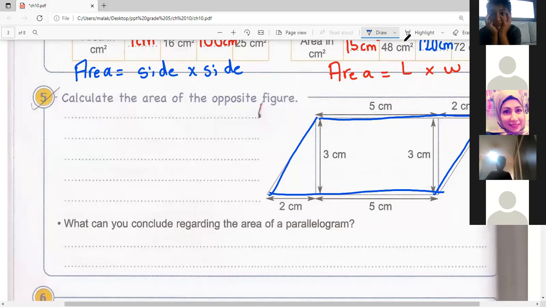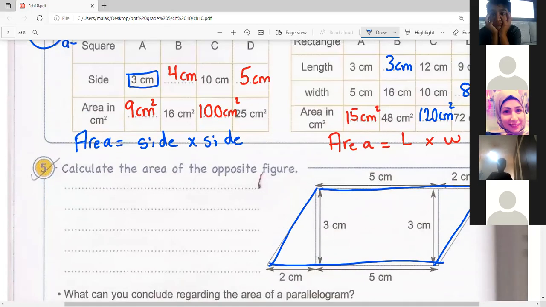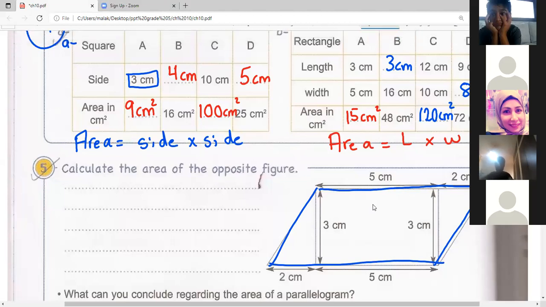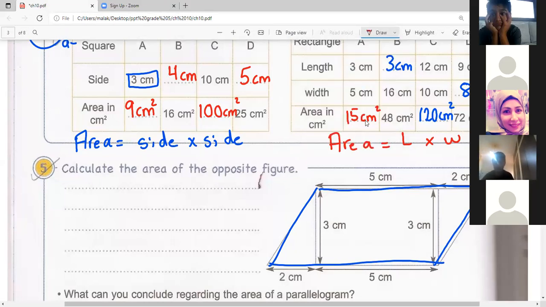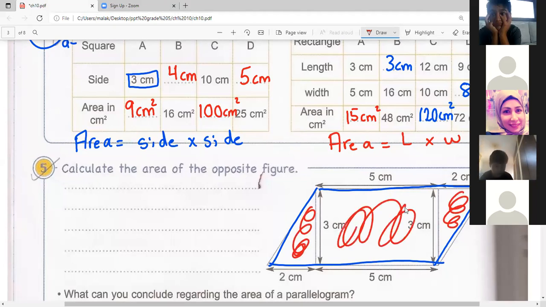If you look here, we divided it into 3 shapes: 2 triangles and one rectangle. Bravo, so we divide this parallelogram into 2 right triangles and a rectangle.